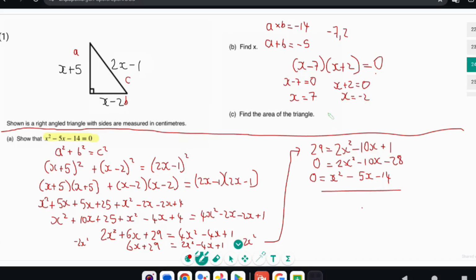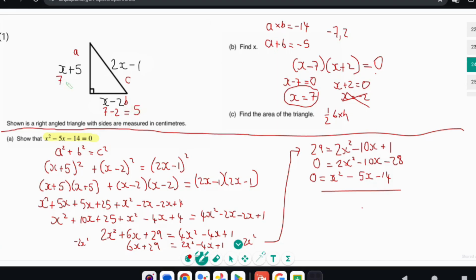Find the area of the triangle. Hang on a second. It has to be x is 7 though, because we can't have a negative dimension. Find the area of a triangle. What's the formula? Yeah, it's half base times height. Right, what is my base? 7 minus 2 is 5.